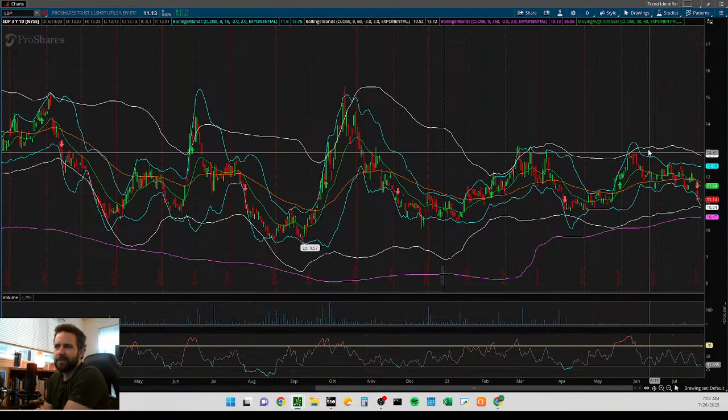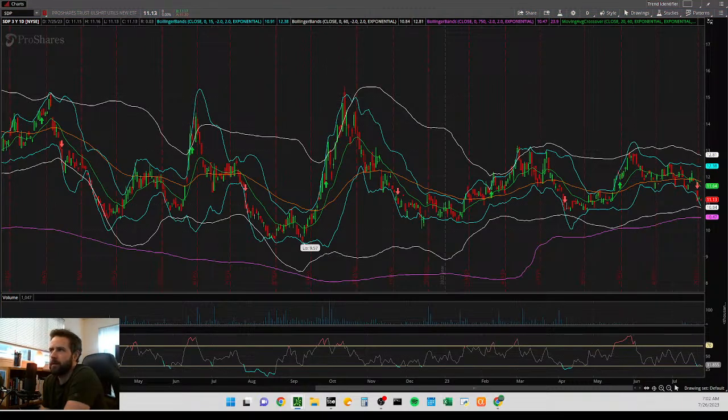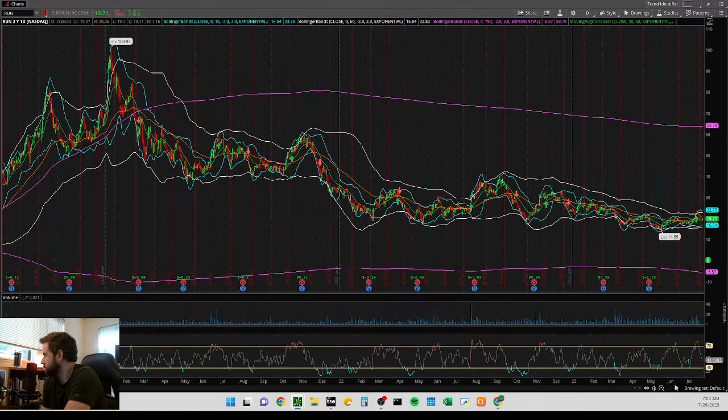Trying to think though, SDP is a utility inverse ETF. So I'm wondering if these bullish or bearish trends even matter, since it should respond to something else. This ticker SDP responds in reaction to something else.